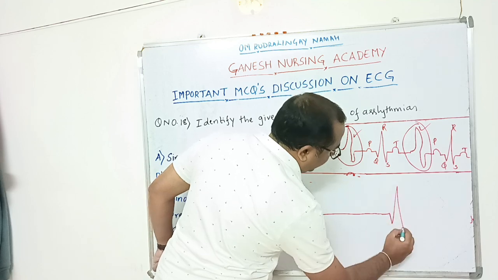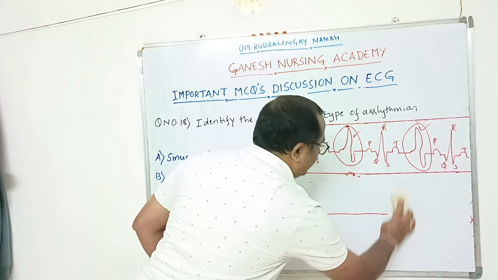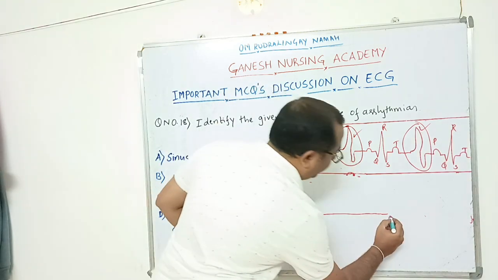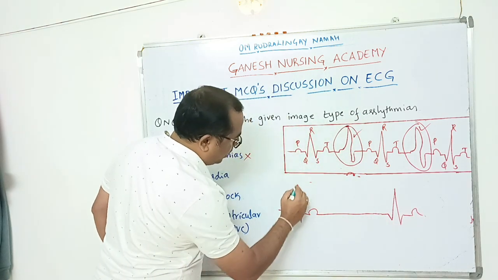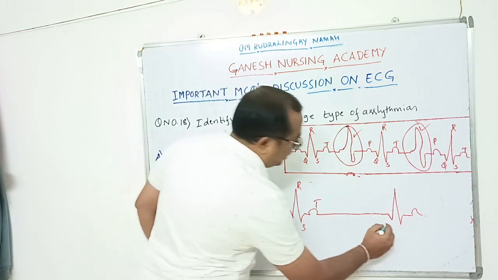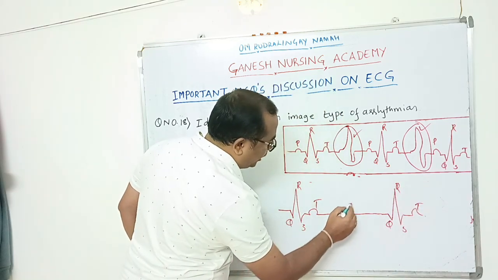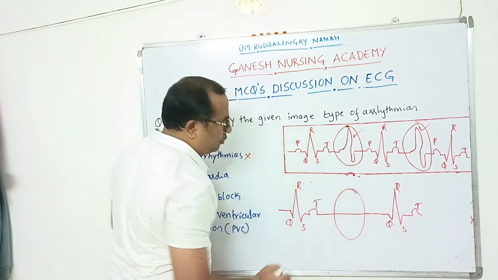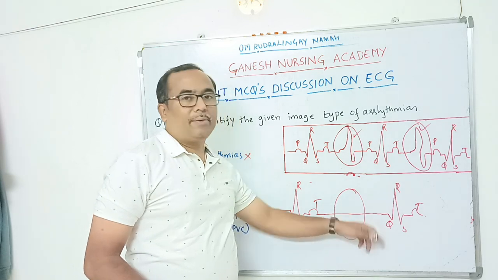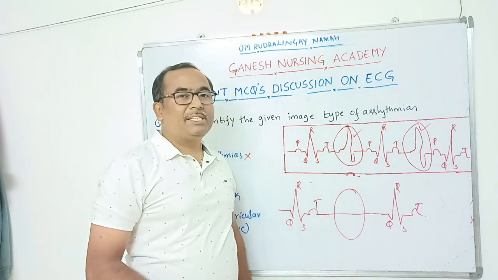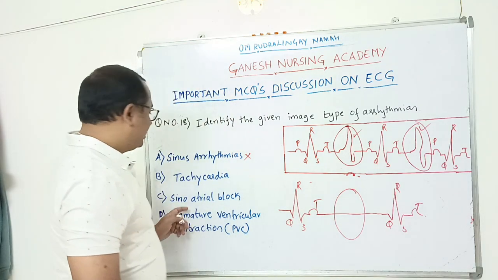Again there will be QRST complex. Here there should be a P wave followed by QRS complex, but there is a complete missing of the P wave and QRS complex. So there will be a complete missing of a beat. So these are all the classical manifestations of a sinoatrial block.